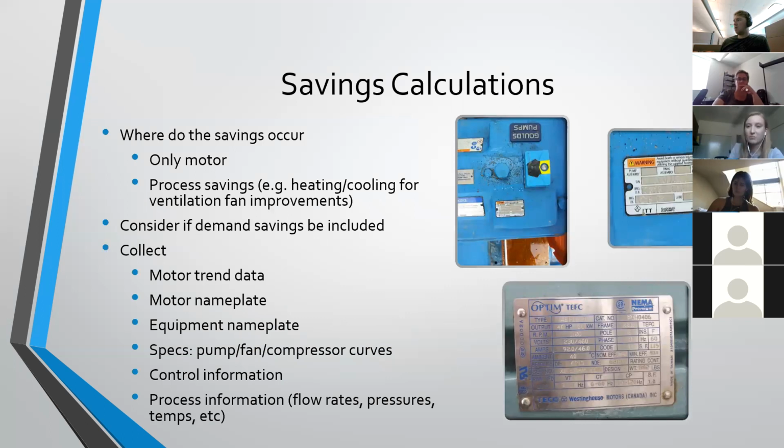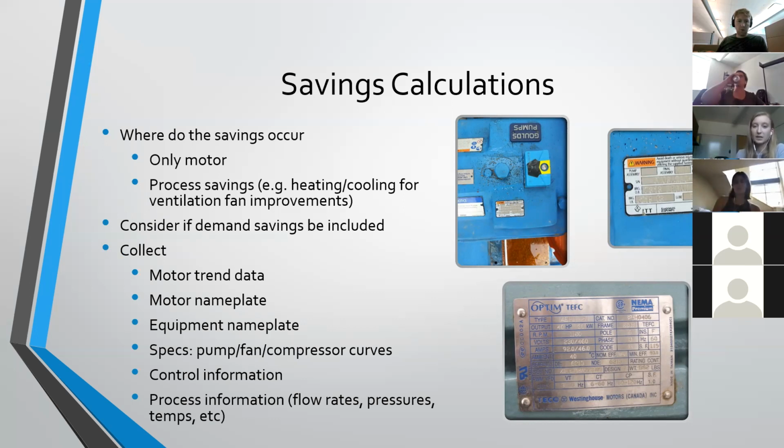Okay, we're jumping into savings calculations. So, things to consider when you've decided to recommend installing a VFD. And now you are thinking about what kind of information you want to collect and how to go about that. So start by figuring out where the savings are occurring.